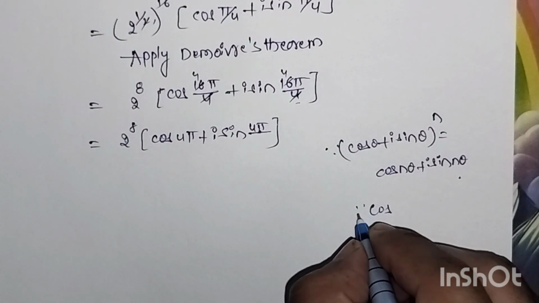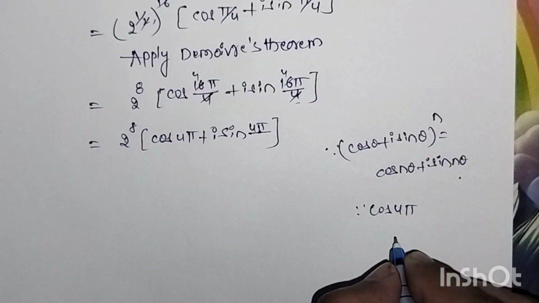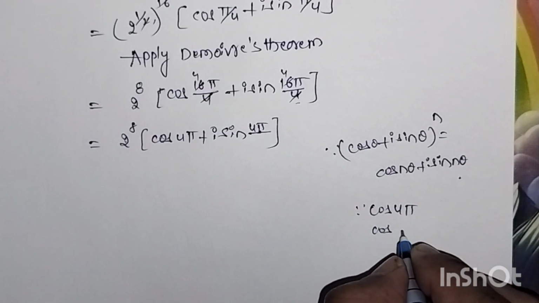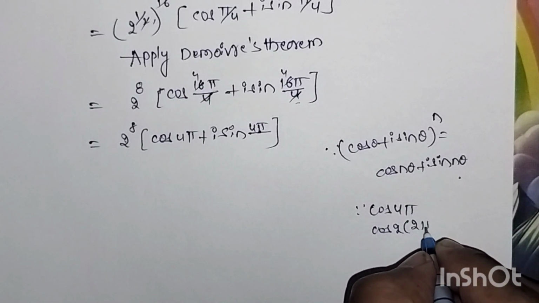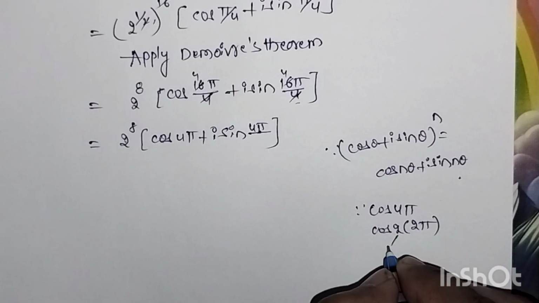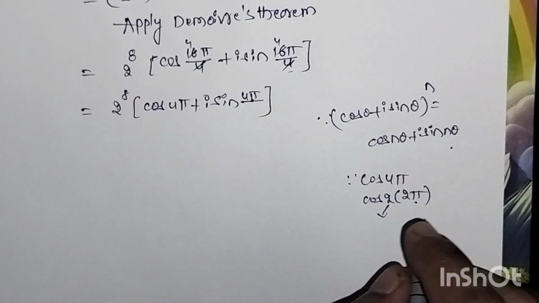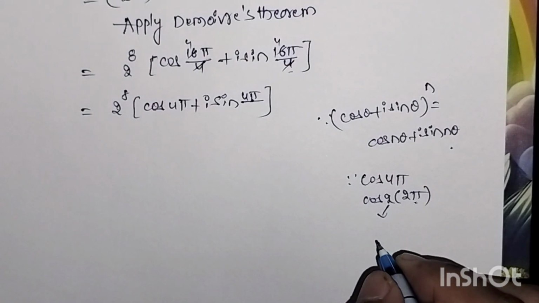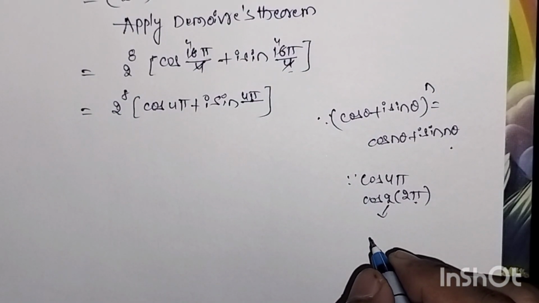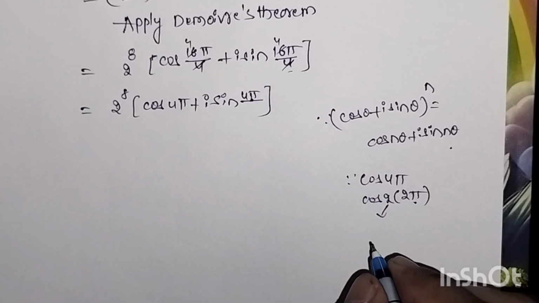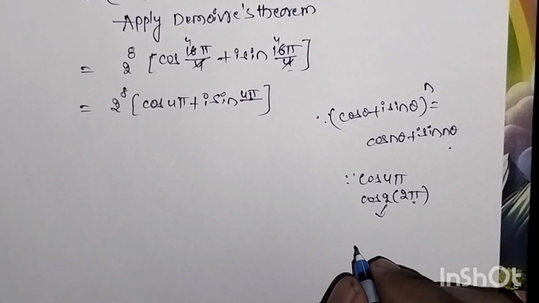Therefore cos 4 pi, how can we write cos 4 pi? Cos 2 into 2 pi. So 2 is just a multiple. So cos 2 pi is 1, sin 2 pi is 0.